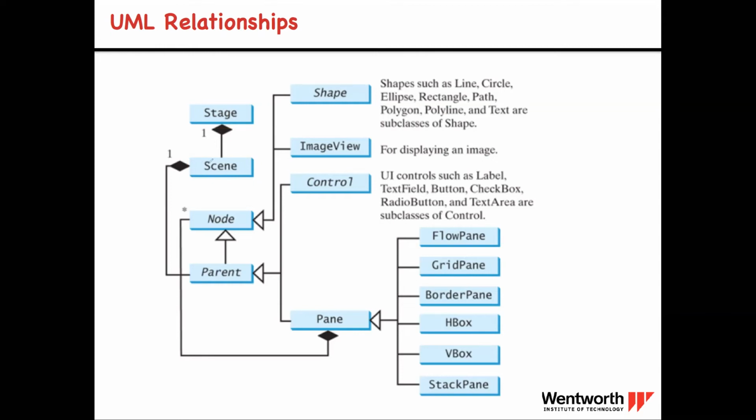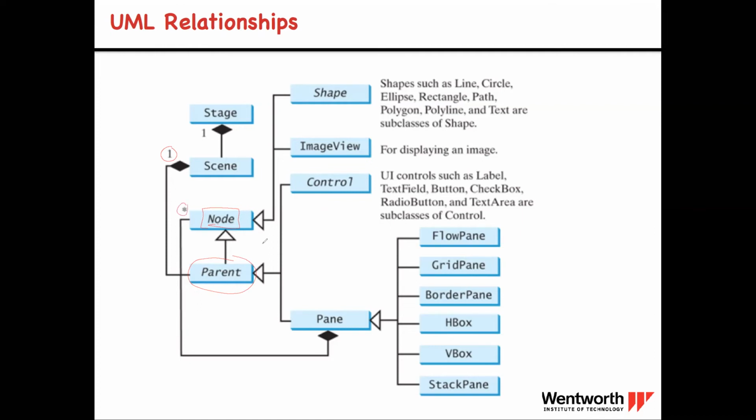And then the scene is composed of one parent, all of which are nodes. It could take a little bit to decipher all of this, but a node, for example, can compose many panes can compose a node.